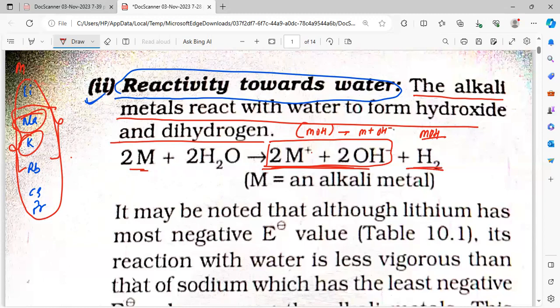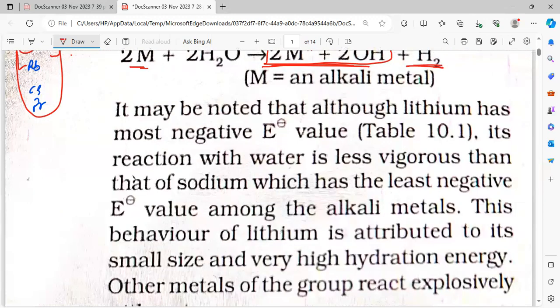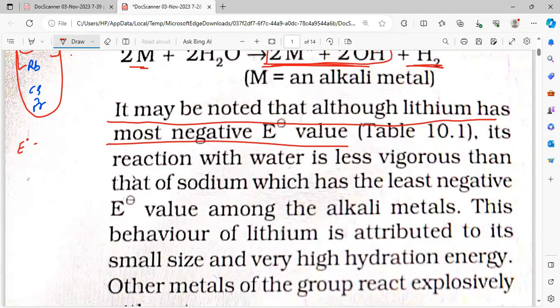Now, the second point you see: it may be noted that although lithium has the most negative E naught value, which element has the most negative value? Lithium. And the highest value is of fluorine. Lithium, because of the highly negative value, is a reducing agent.